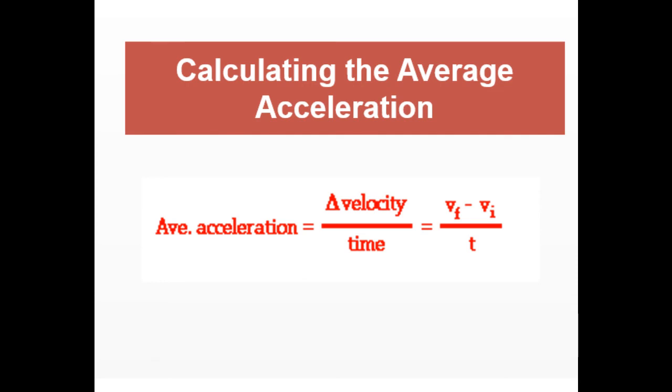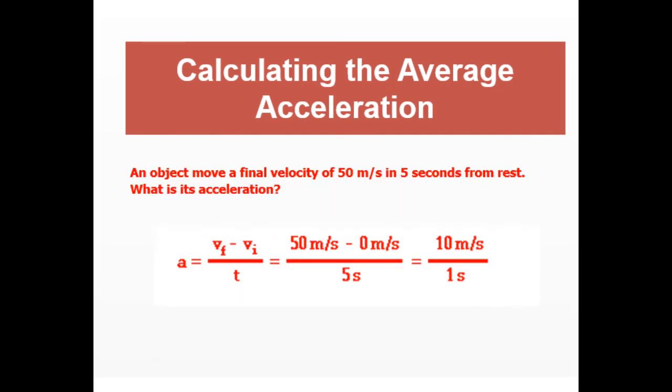Using this equation, for example, an object starts from rest, so the initial velocity is 0 meters per second, and a final velocity of 50 meters per second.